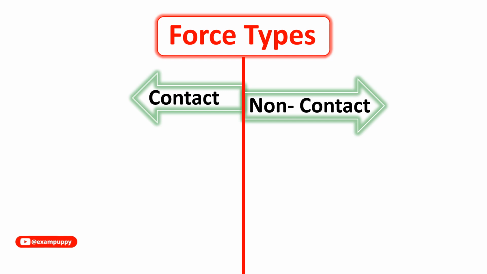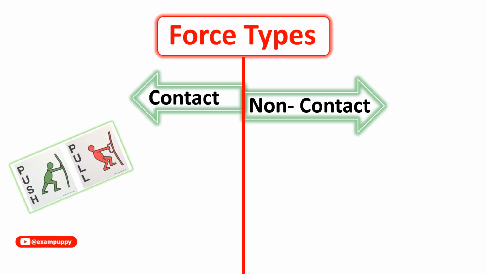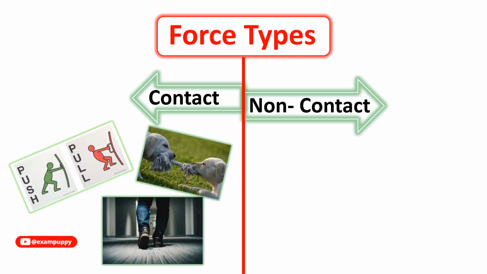So for contact forces, you can see push or pull, tug of war, walking. In all those examples, physical touch is required to open the door, to pull the rope, or to walk.